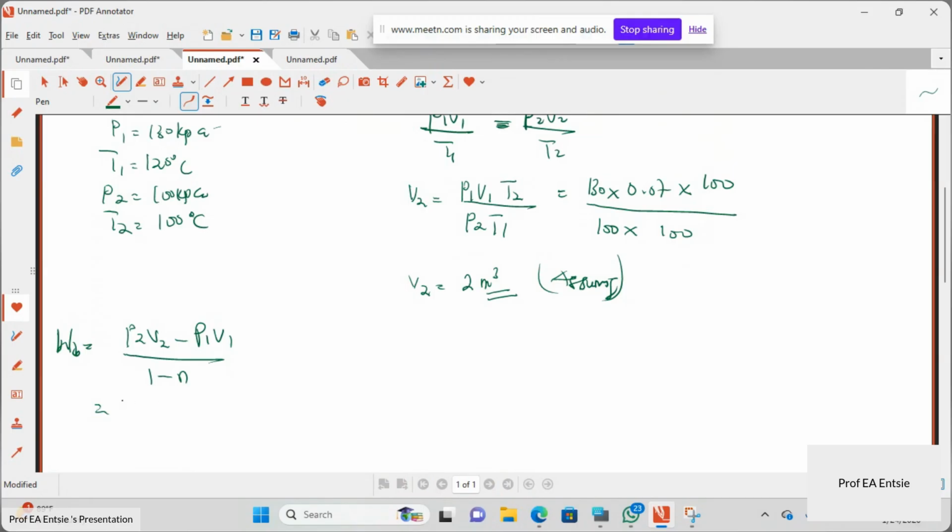So I'll get P2, which is 100 kilopascal times V2, which is 2 by assumption, minus P1, 130 times 10 exponent 3, times V1, which is not an assumption, it was given, 0.07, out of 1 minus 1.4.